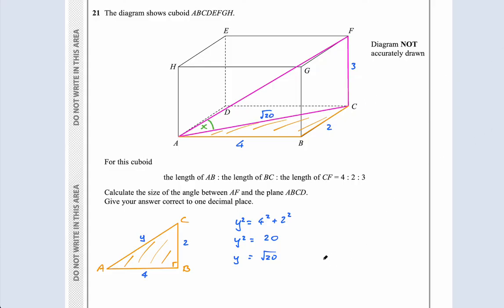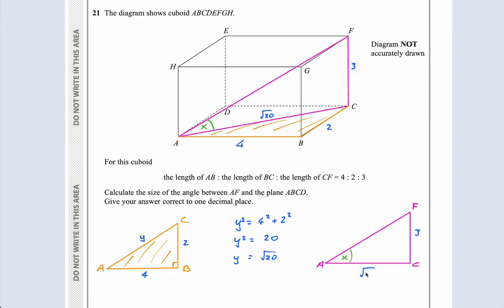Now I have this pink triangle. It is again a right angled triangle, even though it doesn't maybe look like it here, because this is drawn in 3 dimensions. So this is a right angle, this is A, this is C, this is F, and this is my angle X. And these sides are now, I'm sorry, that's not true. These sides are now 3, and AC is root 20.